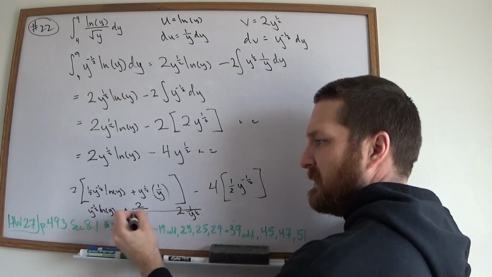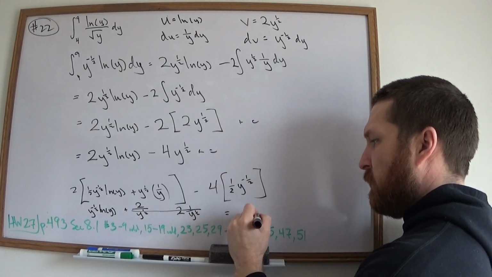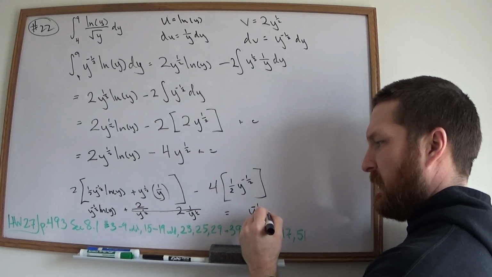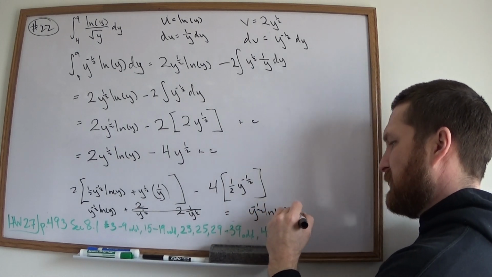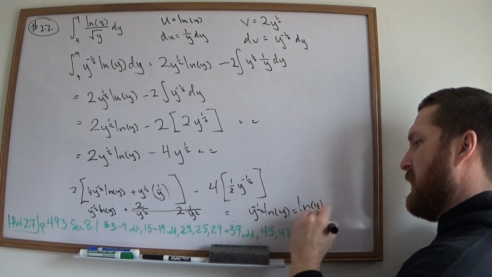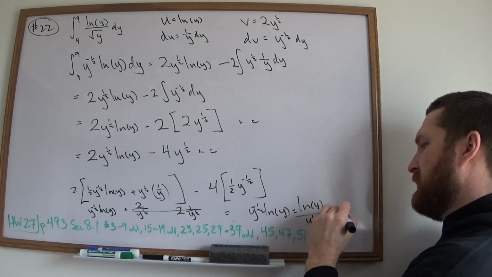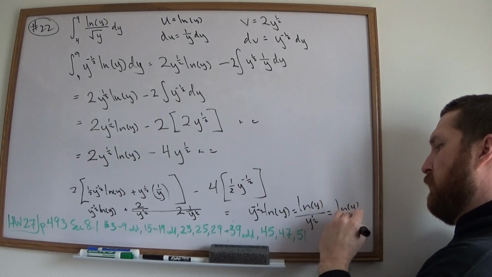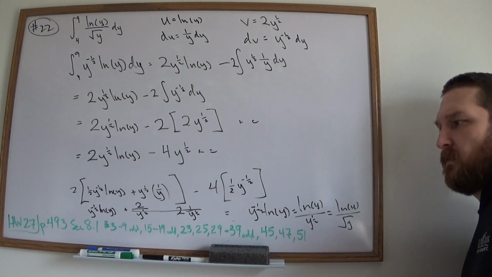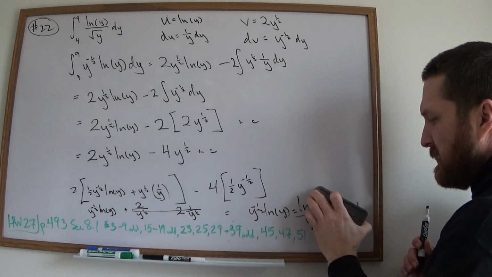That and that are the same thing. That's y to the negative 1/2 times log y, which is the same thing as log y over y to the 1/2, which is indeed log y over root y. Okay, so that checks out. We checked it, we're good to go.